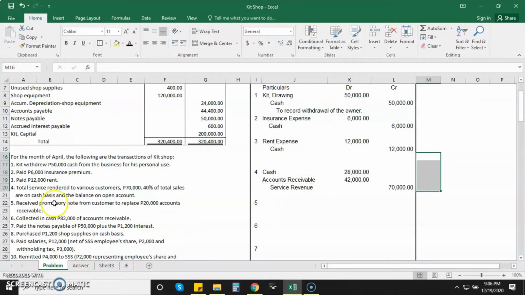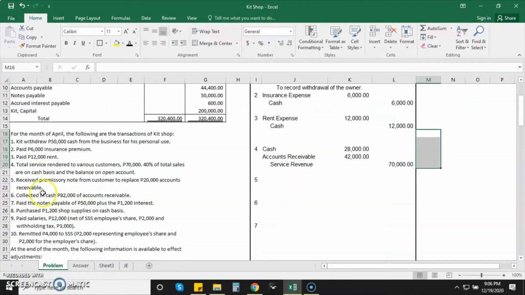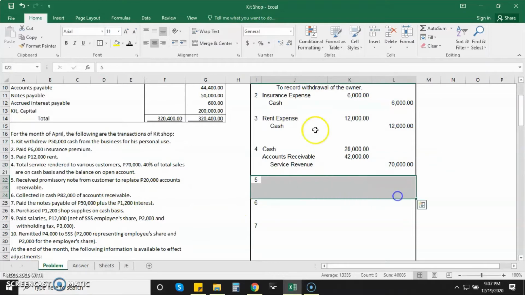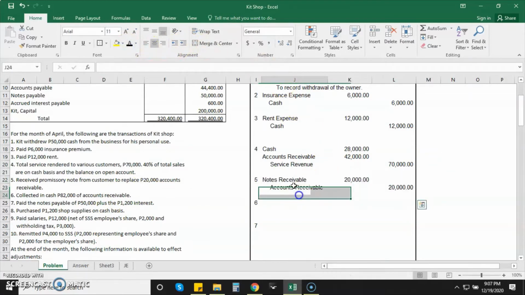Okay? Next, number 5, received promissory note from customer to replace 20,000 accounts receivable. In this case, the customer changed the 20,000 into a promissory note. Earlier, we had accounts receivable of 42,000.